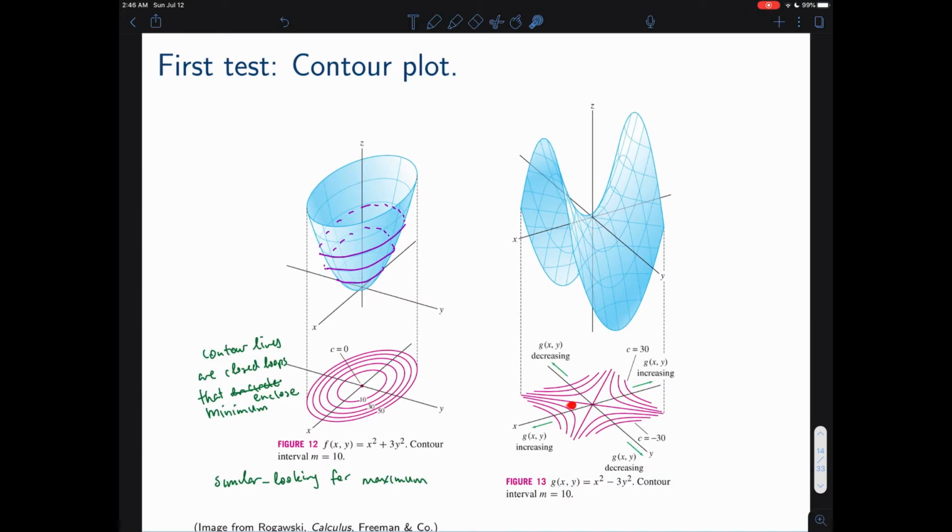You have this sort of X or cross thing going through your critical point, and there's two directions where the numbers are increasing and two where they're decreasing, and none of them circle around the critical point. So this is an example of a contour plot at a critical point that isn't a maximum or a minimum.